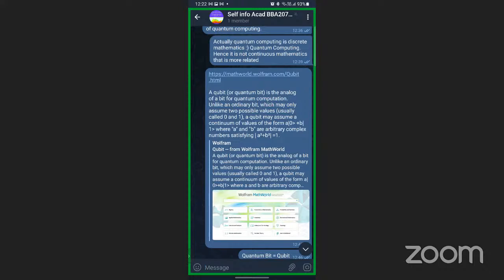But just to get an idea, you see, mod of a squared plus mod of b squared is equal to 1. This is any number on the unit circle.